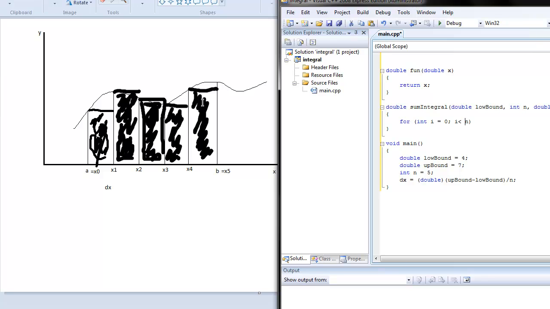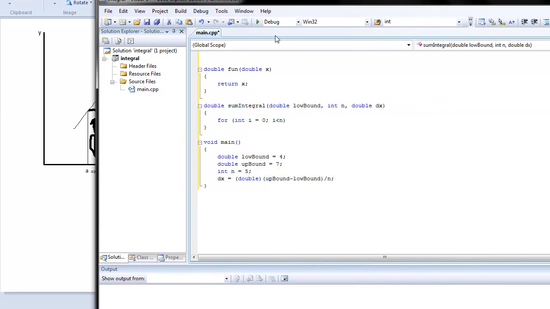So this is the last rectangle. There is no more rectangle over here, so 5 is omitted in our case. i++.